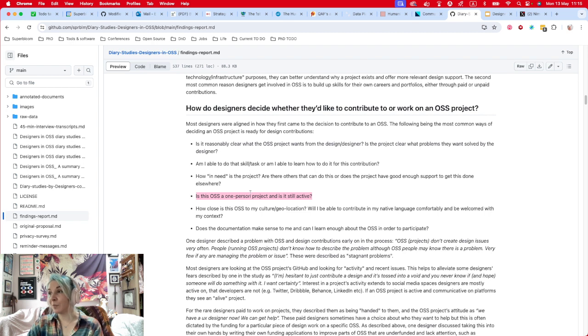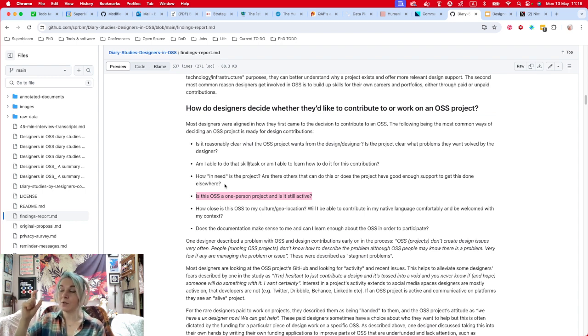Is the open source software a one-person project, and is it still active? It's not a necessity for the project to have more than one person for a designer to be interested in it, but it's more like, is there one person or more? That's interesting information.